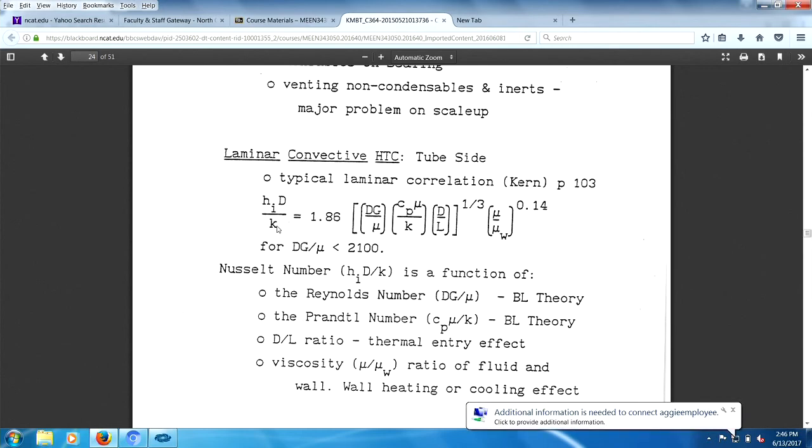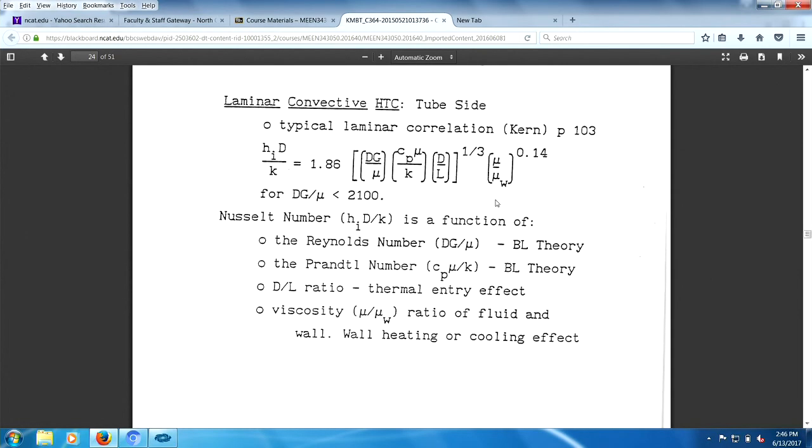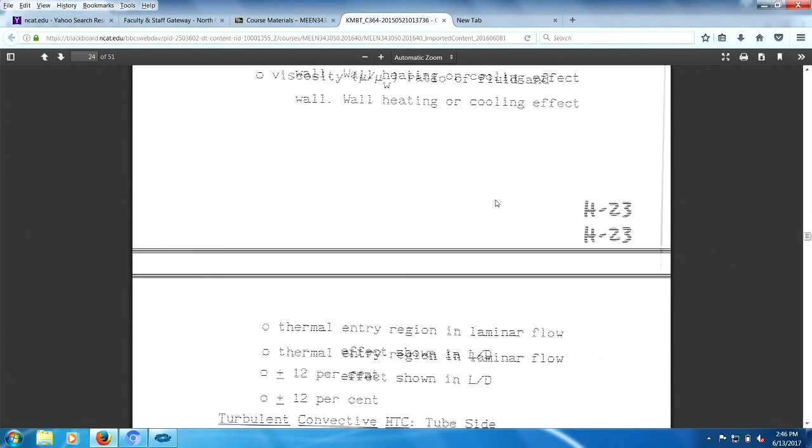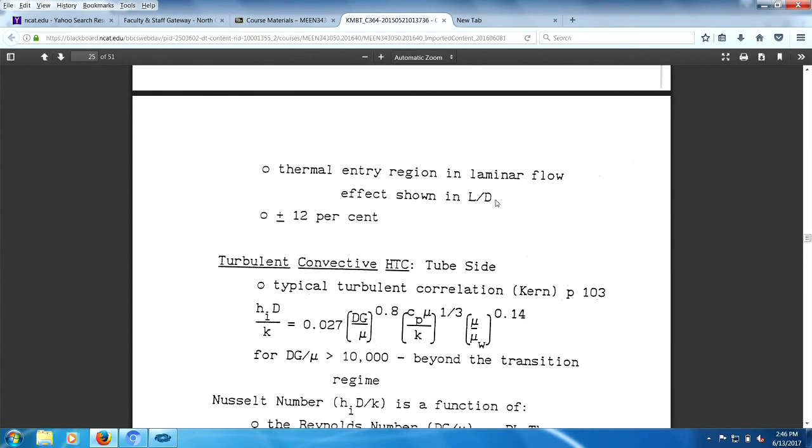Second thing is you have a D over L effect, which does not appear in turbulent flow. And you have this viscosity ratio that is practically worthless to calculate. If you wish, yeah. If not, that's fine too. Calculations maybe plus or minus 12%. I don't think it's that good. It could be even worse.